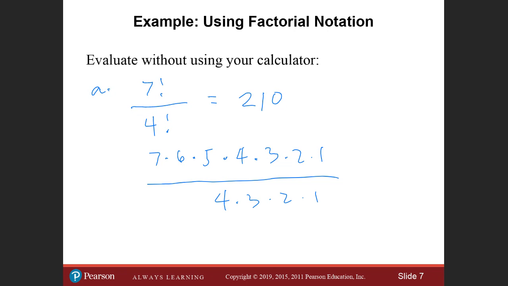In this case, you can cancel this part here, so that would be a 1. Then you just multiply 7 times 6 times 5. 7 times 6 is 42, times 5 will give you the same answer, 210. So if you don't have the factorial function in your calculator, you can do it like this, and it will give you the same result.